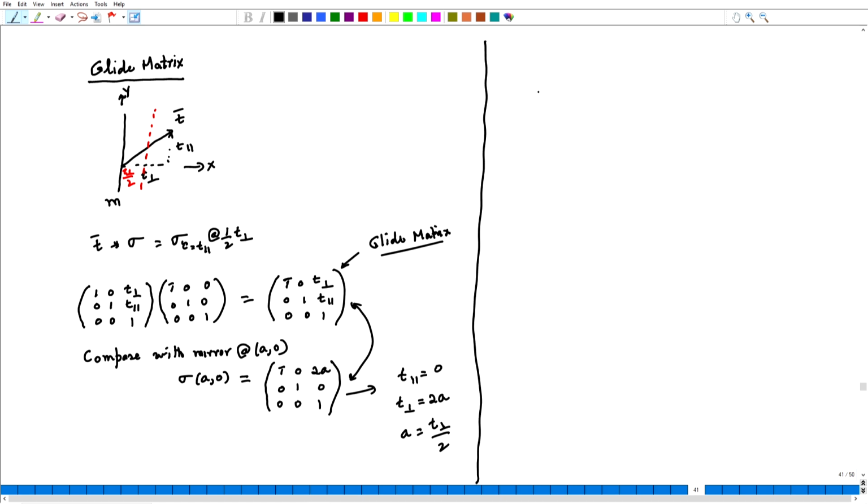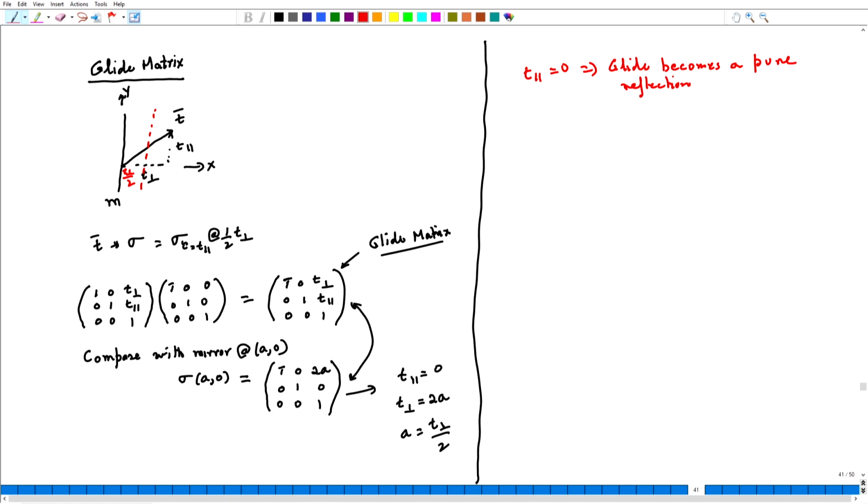So, whenever I put t parallel equal to 0 in the glide matrix, basically the glide becomes a pure reflection. Then it becomes a point symmetry because the translation is gone.